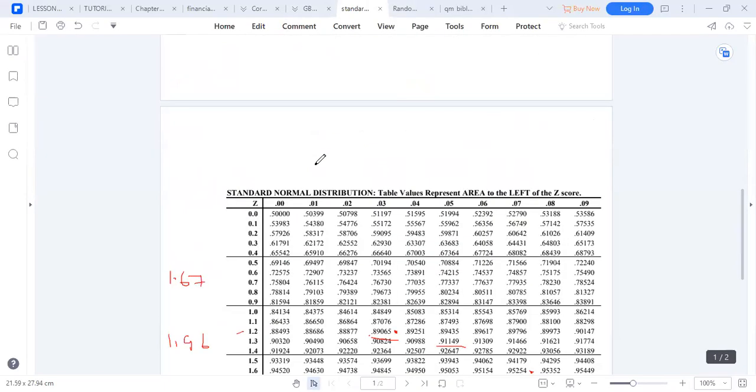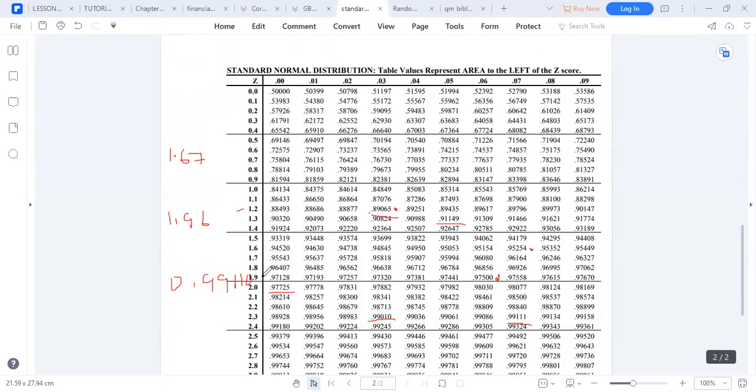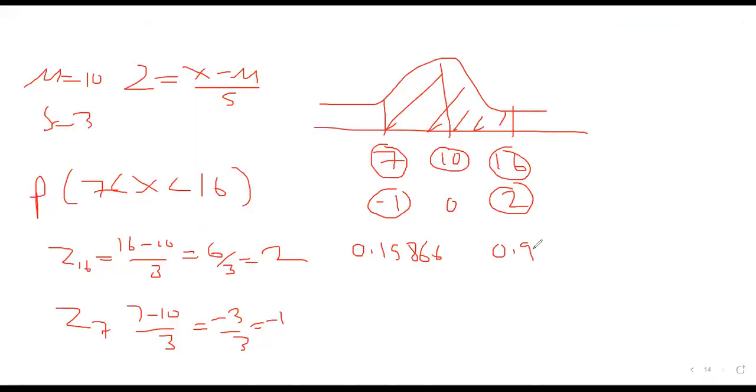We'll go here on the positive side. The 2 is 0.97725. And subtract these two: 0.97725 minus 0.15866.